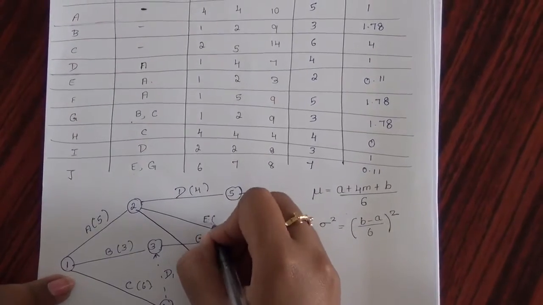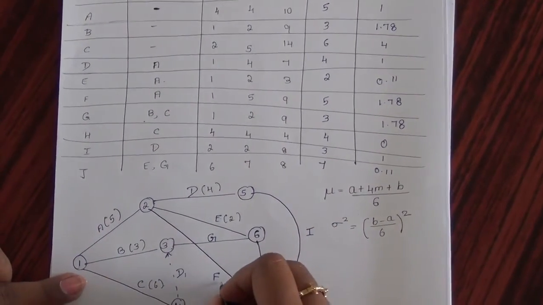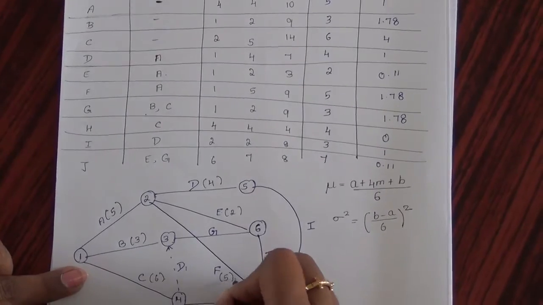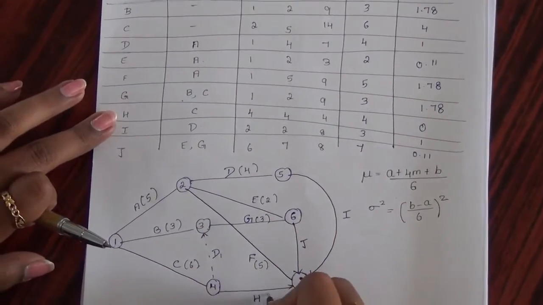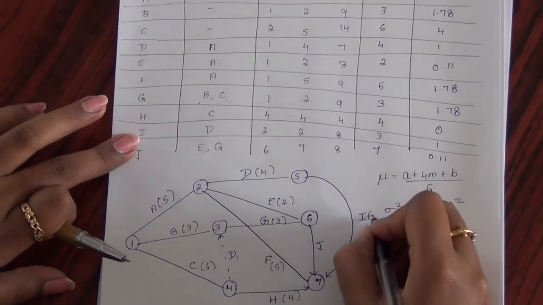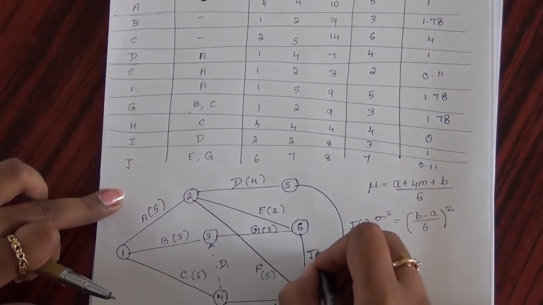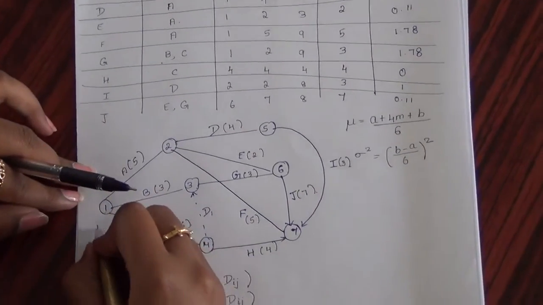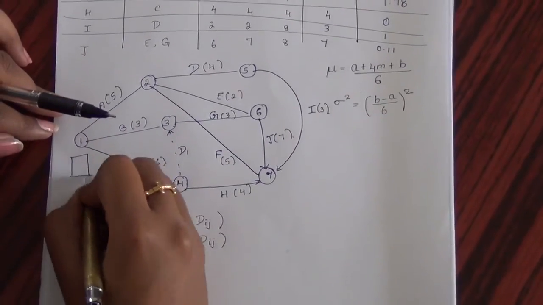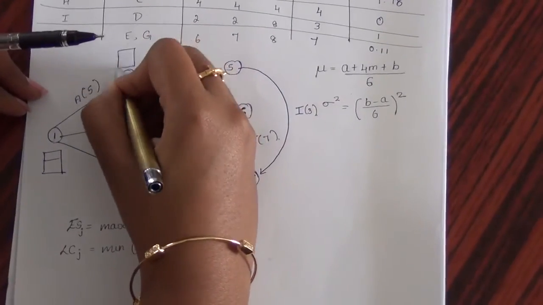For E it is 2. For F it is 5. For G it is 3. For H it is 4. For I it is 3. And for J it is 7. So to calculate the earliest start time and latest completion time, I am drawing a box for each activity.